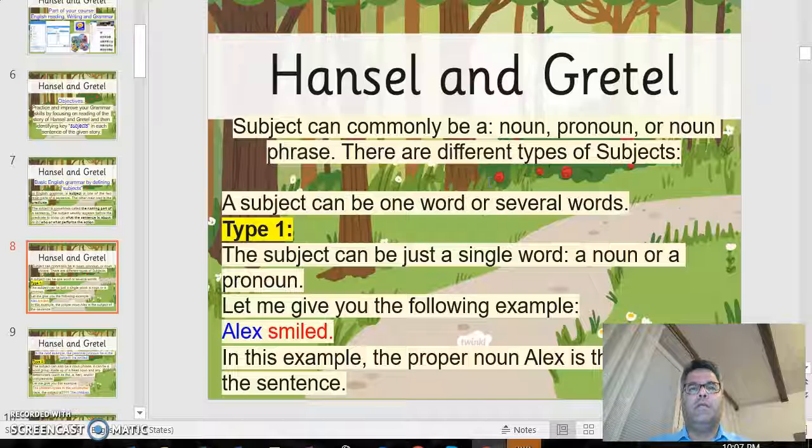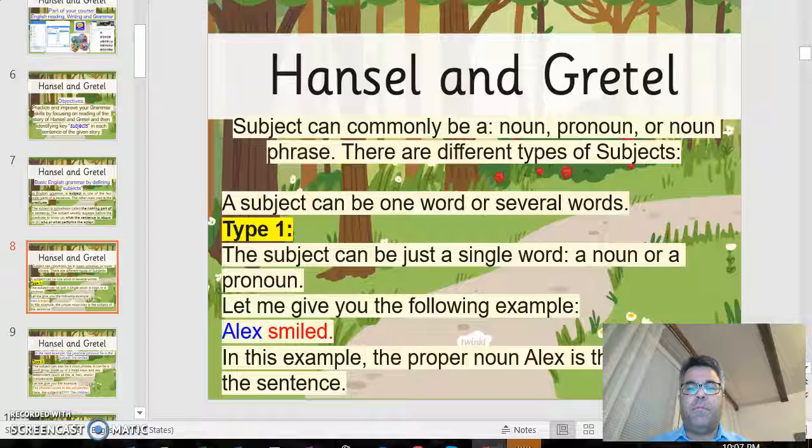Here, a subject can be one word or several words. Type 1, in fact, the subject can be a single word. Pay attention, a single word, a noun, or a pronoun. Let me give you the following example. Alex smiled.